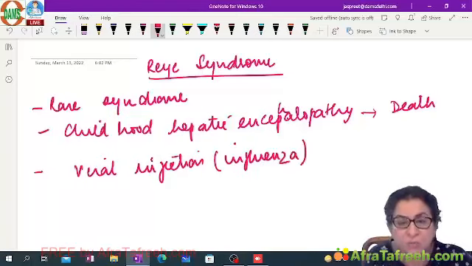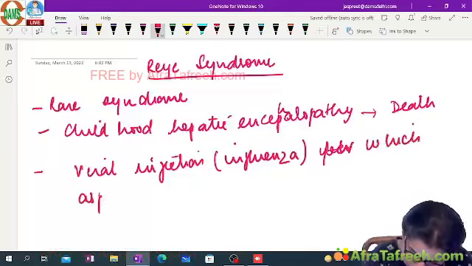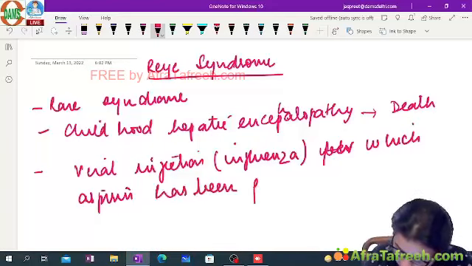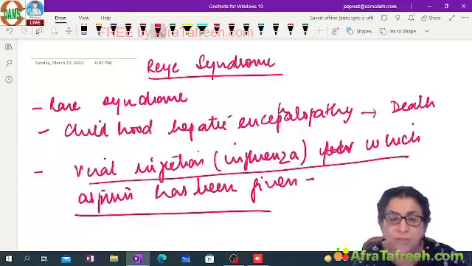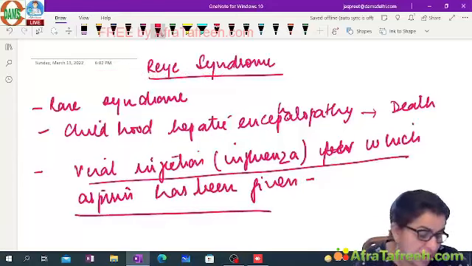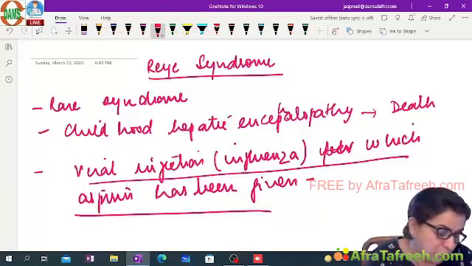So the child gets viral infection, for which aspirin is given. So who are the children who end up with this Reye's syndrome? The child gets viral infection, and that you are treating with aspirin. That child may end up with hepatic encephalopathy.